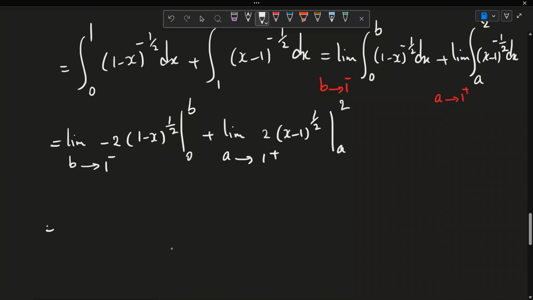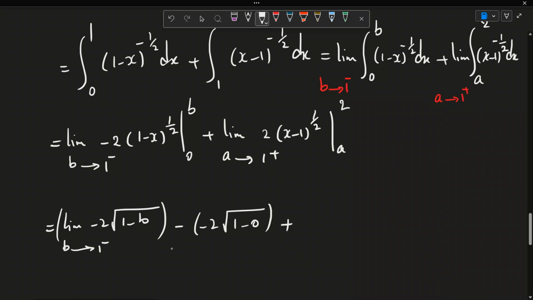First part, at the upper limit, I have the limit of minus 2 root 1 minus b when b approaches 1 from the negative side. This is the upper limit. Minus the lower limit, which is minus 2 times root 1 minus 0.